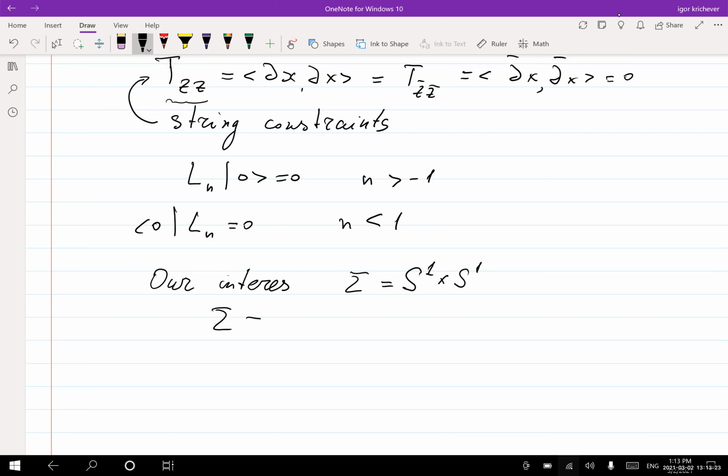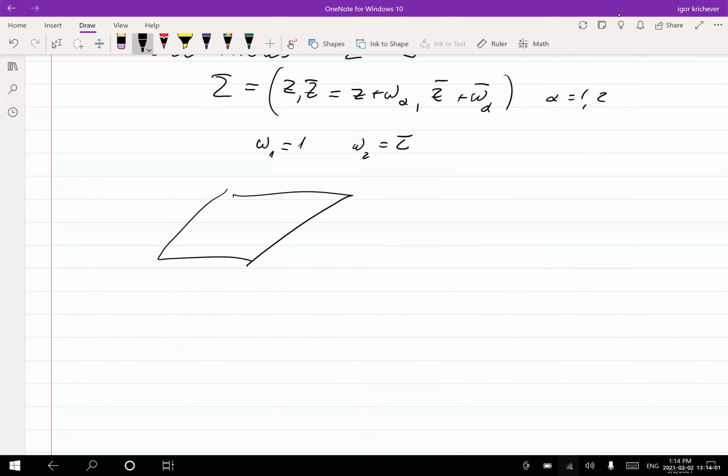So sigma would be just C, subject to the constraint that z is equivalent to z plus omega_alpha, with alpha being 1, 2, and omega_1 is 1, and omega_2 is tau. So we're looking at the complex torus and want to find harmonic maps of this torus into spheres. This is again an n-1 dimensional sphere with induced metric on it.